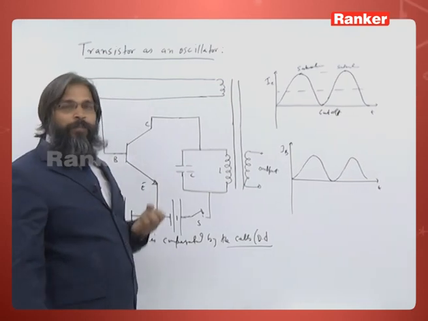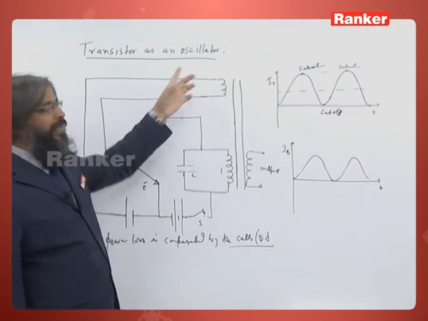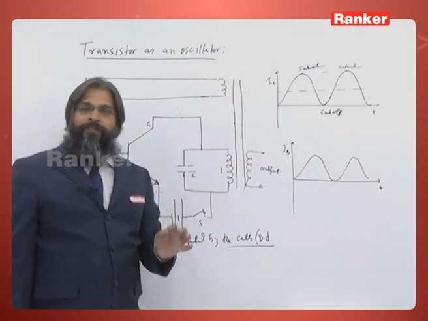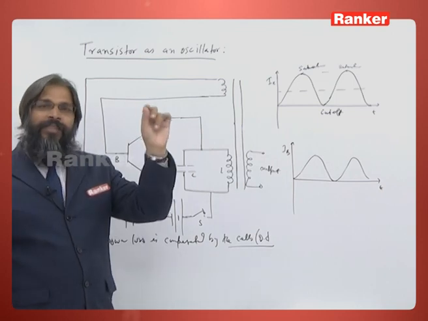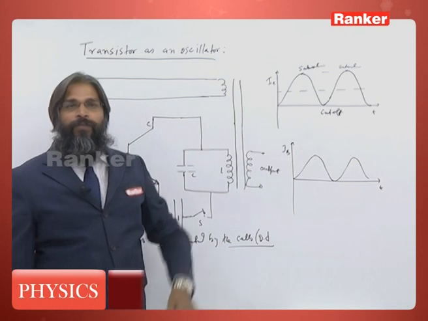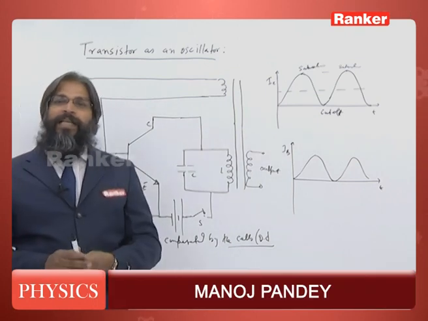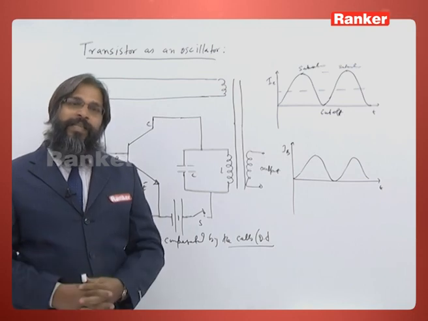So, a very important point to understand is that when the transistor is used as an oscillator, it should be in the active region, just touching saturation and cutoff at the maximum and minimum points. This is how a transistor can act as an oscillator, that is, a self-sustained amplifier.